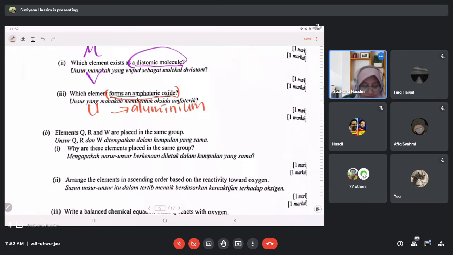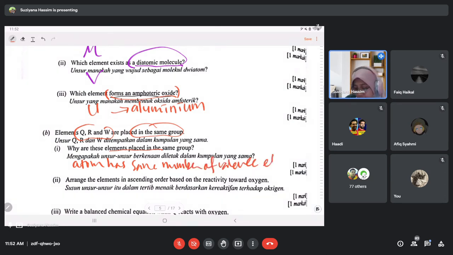Next. Q, R, W are placed in the same group. Why are these elements placed in the same group? The atoms have the same number of valence electrons. Kita bincang tadi. When same group, same number of valence electrons, same chemical properties.